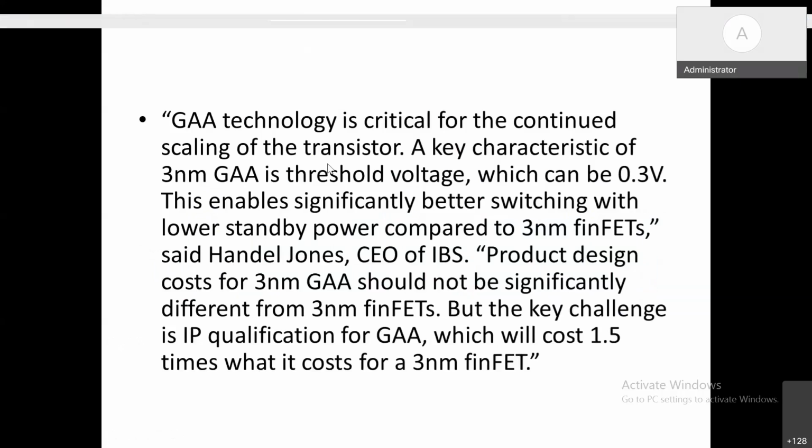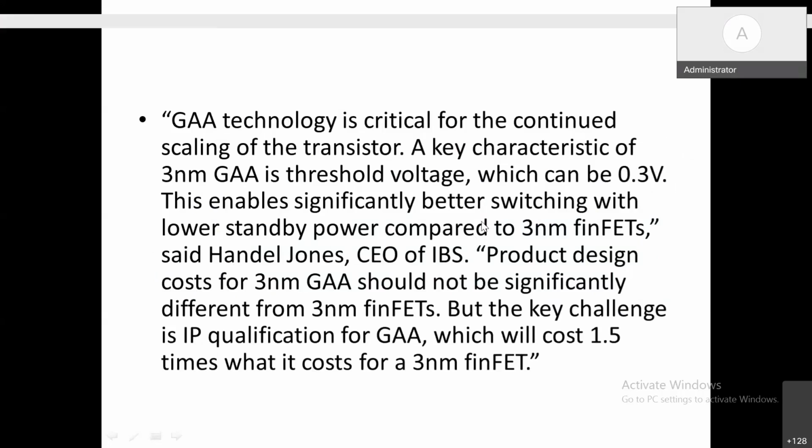Here in the GAA technology, the key characteristic is the threshold voltage. I talked about voltage less than 1 volt, but here in 3 nm we are talking about a voltage of 0.3 volts.